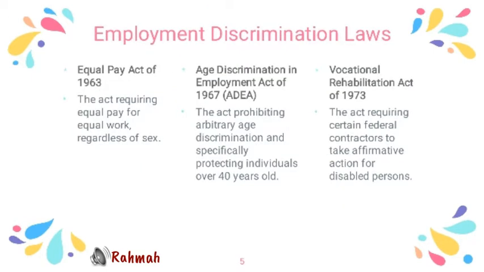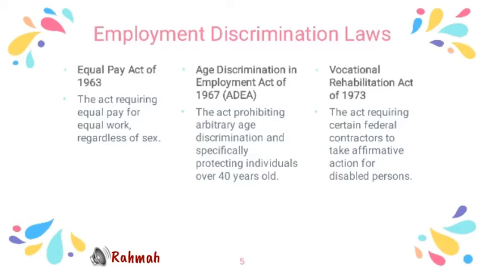Okay, in the next slide, I will show you all the examples from the Employment Discrimination Laws. First, the Equal Pay Act of 1963, which is the act requiring equal pay for equal work, regardless of sex.